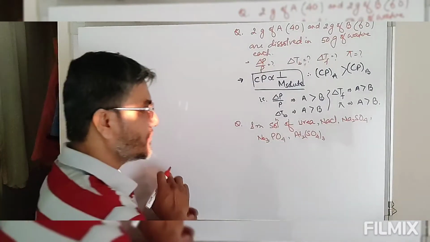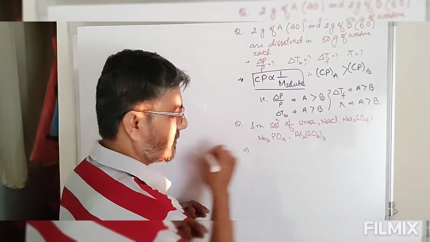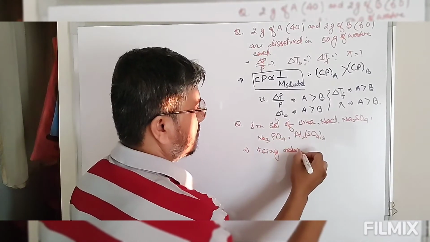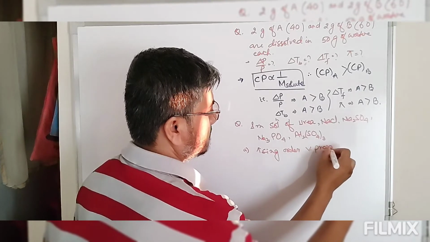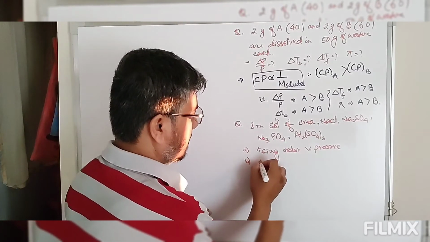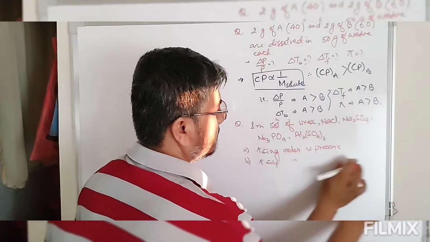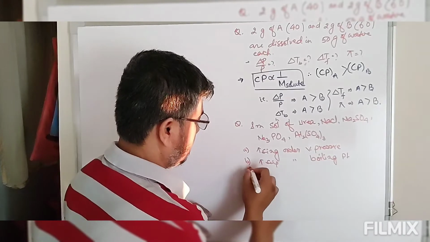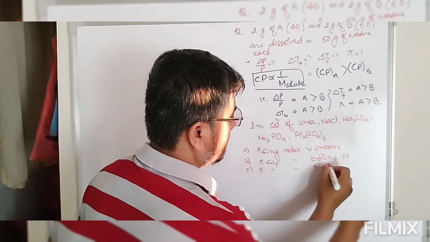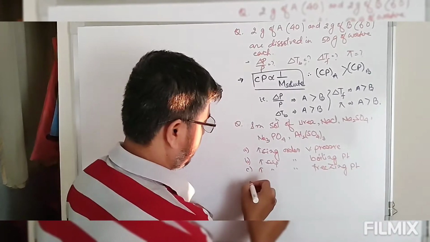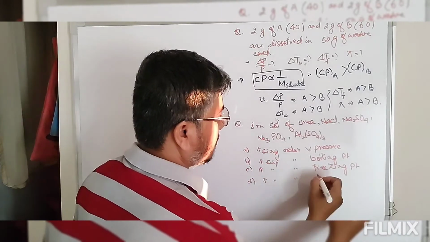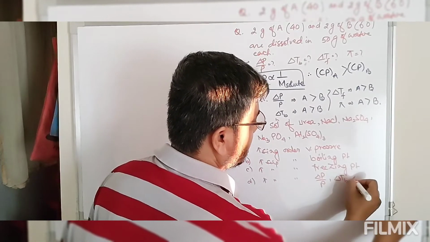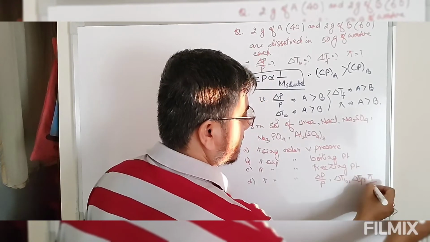Now the question is, we have to arrange these in increasing order of vapor pressure, increasing order of boiling point, increasing order of freezing point, increasing order of relative lowering of vapor pressure, elevation in boiling point, depression in freezing point and osmotic pressure.